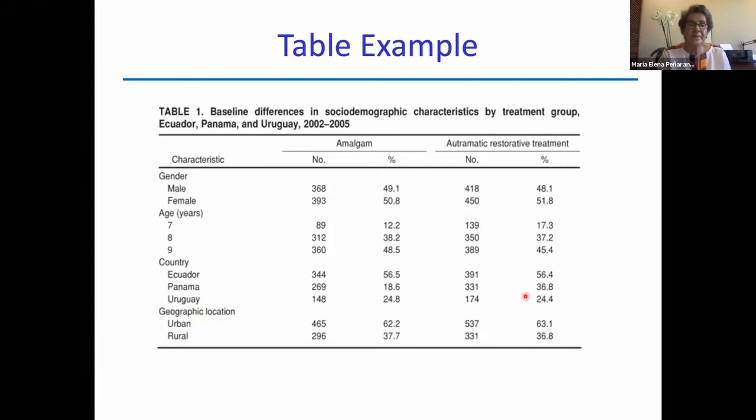And the urban location, geographic location, if it's urban or rural, there was a difference or not. So that's how you try to group a table. So these are the characteristics, the topic, the subject you study, and here is what you study and what differences show among them.